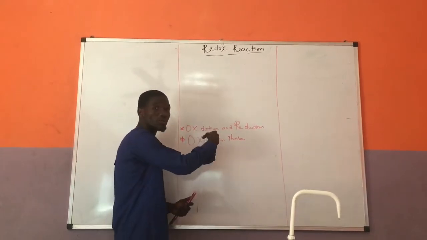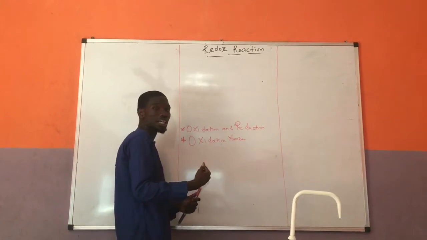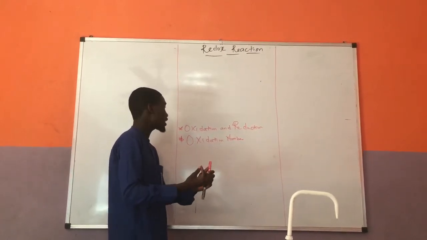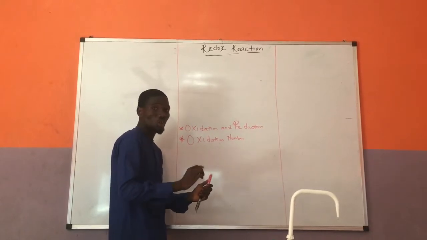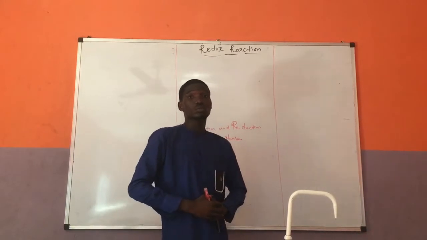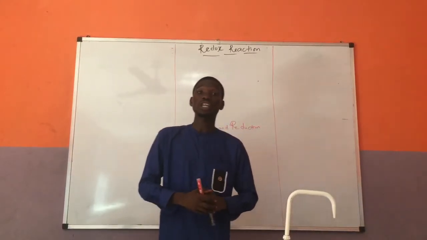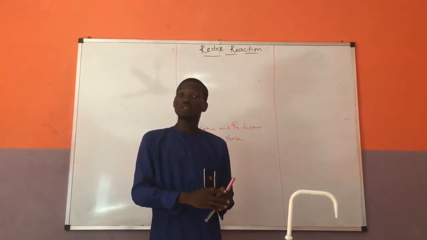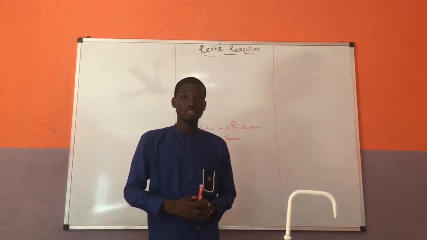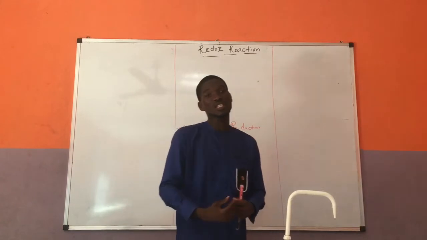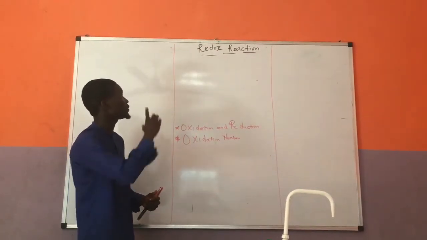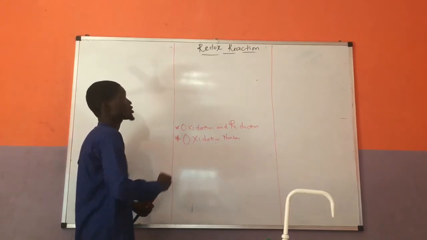Under the removal of hydrogen, oxidation means removal of hydrogen, while reduction means addition of hydrogen. The third one is addition of electronegative elements for oxidation, while reduction is removal of electropositive elements. And the last one is transfer of electrons.